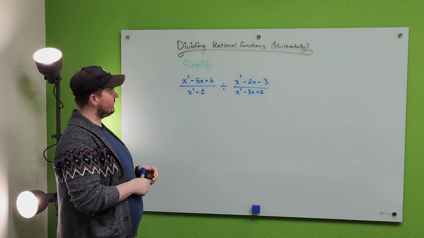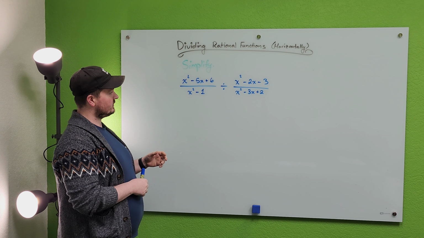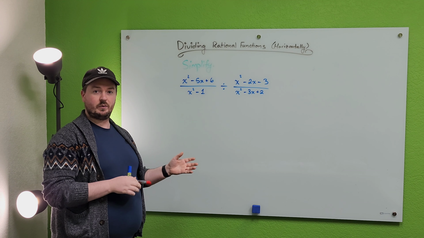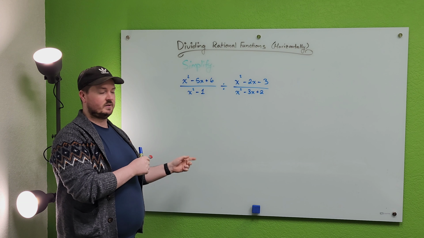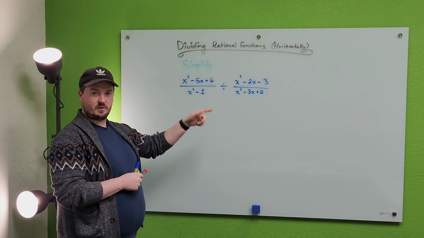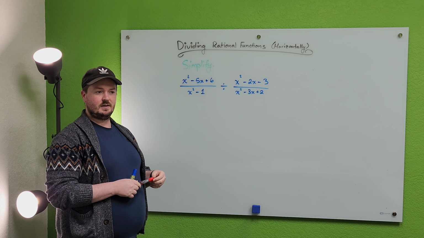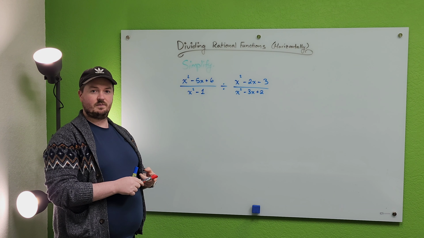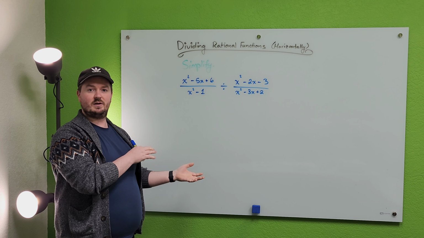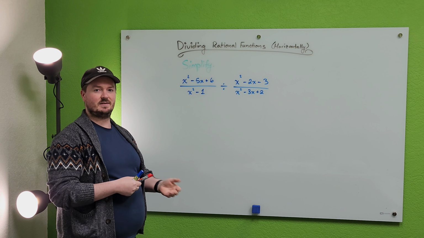So first, in finding the domain of this, we need to ask ourselves, what values of x are we not allowed to use in this overall expression? And the only thing we have to be careful with is dividing by 0. But here we have many situations where we could divide by 0.